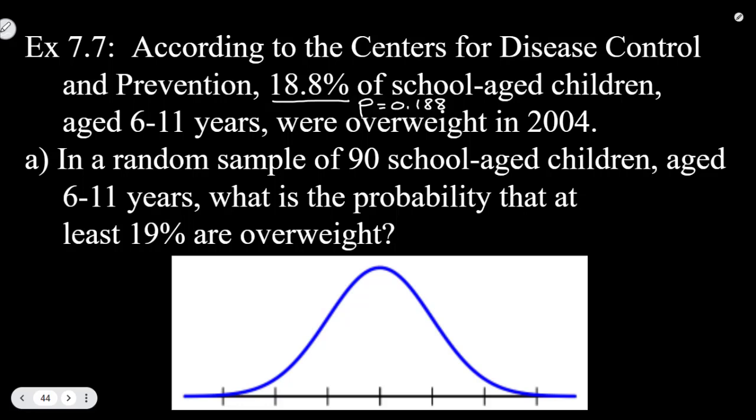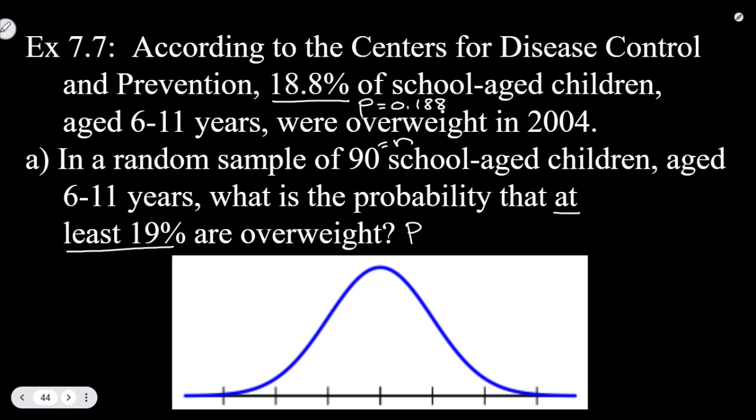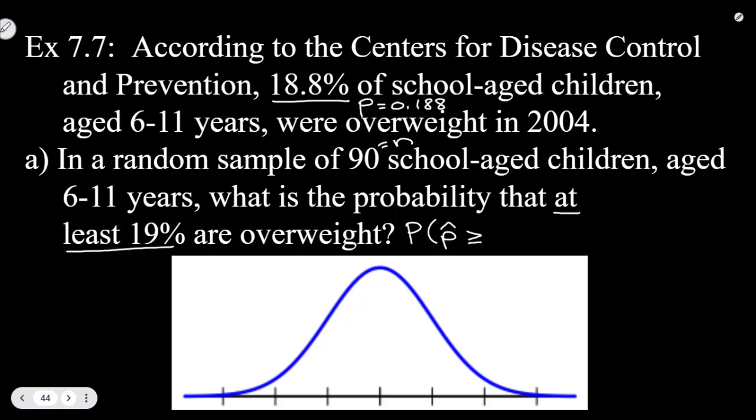Here's the other one: n is 90. And this is what we're looking at for our probability. We're trying to find the probability that p hat is at least 19%, so greater than or equal to, we don't need the or equal to, 0.19.